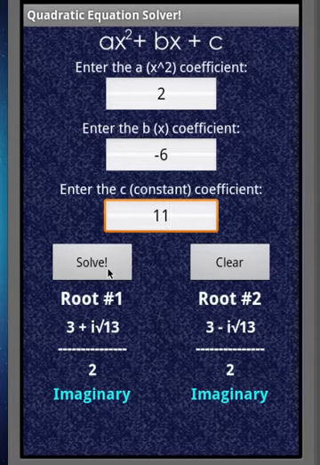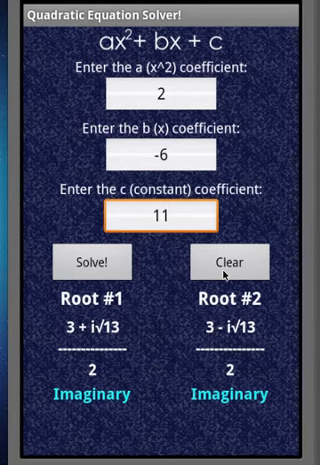So you have the first root is 3 plus i times the square root of 13 over 2. And the second root is 3 minus i times the square root of 13 over 2. And as you can see, there's no approximation because these are imaginary numbers and the roots really don't exist on the real coordinate plane. So this will give you that notation if you're looking for imaginaries.